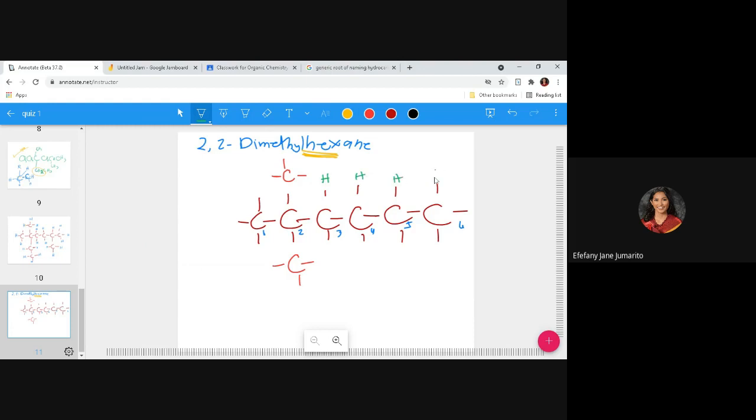H, H, H. Okay, kinsay check aning complete structure of 2,2-dimethylhexane? Ako, ma'am. Okay, very good. Na-check na gyud ko gamay. Ma'am, nabali, ma'am. Left. Ang kanang bitang nasa substituent, ma'am, kay nasa right.